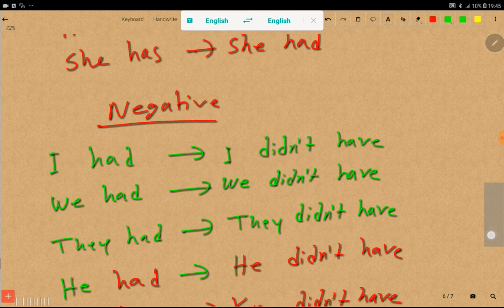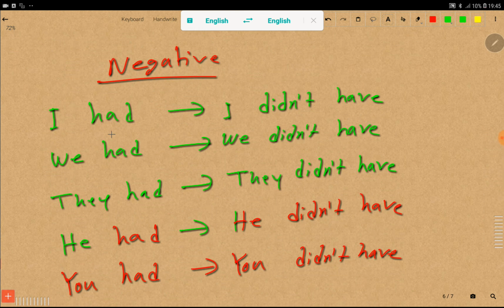Now come to the point. How can you make it negative? I had, we had, they had, he had, you had. So how can you make it negative? For doing negative, look at here. I had, but this is a past tense, right? So we'll use did. We'll use did for past tense. Didn't for negative. I had, I didn't have. This is past tense, but this is present tense.